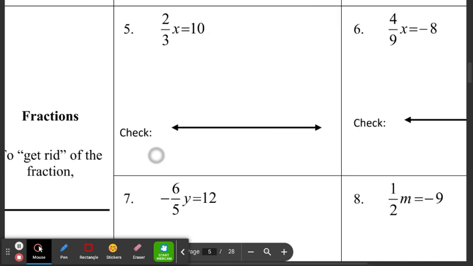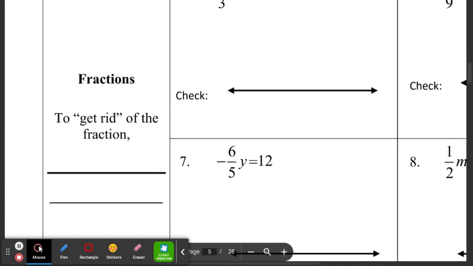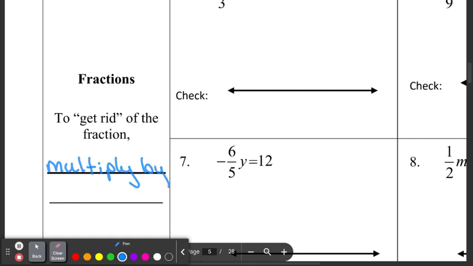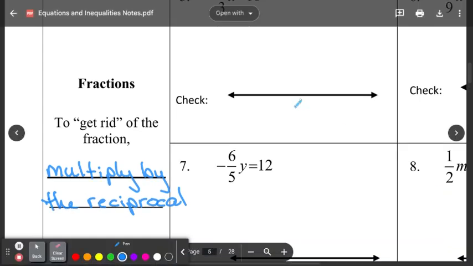What we're going to write over here, if you have a fraction in front of a letter, what you do is multiply by the reciprocal. Reciprocal means you flip the fraction. That is in essence the same thing as dividing.